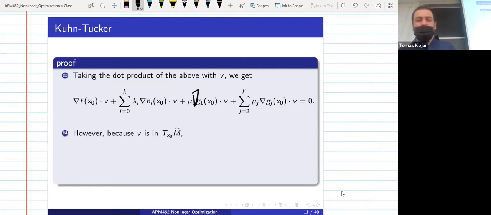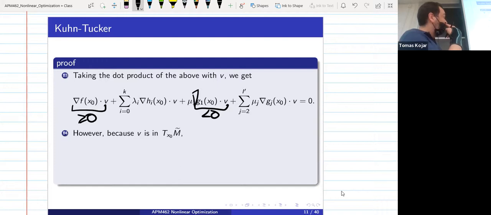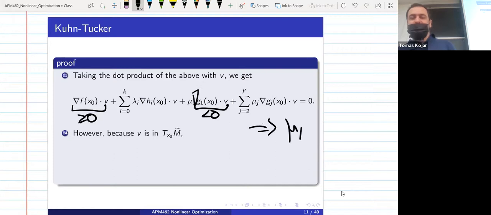So we showed that this guy over here is negative. We have this is 0. This is a local min. I should have started with here because this is more clear. Then I wanted to use this condition to get that mu1 is forced to be non-negative.